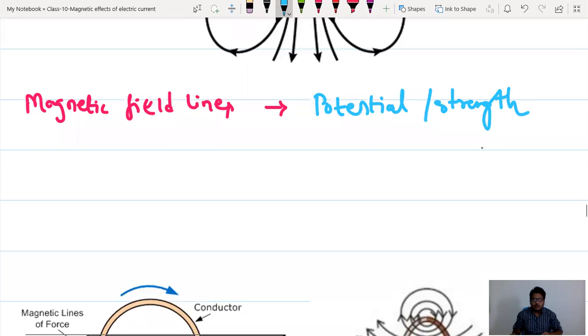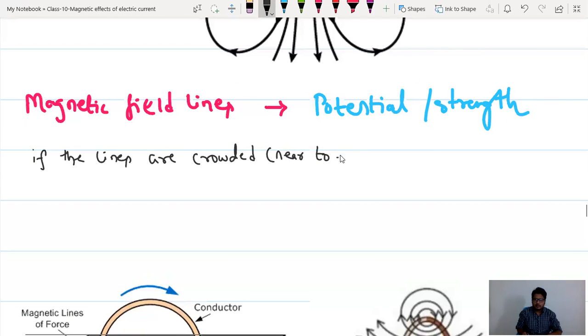So where there will be more strength, where there will be less strength, it is quite simple. If the lines are crowded, means near to each other, there will be high potential.